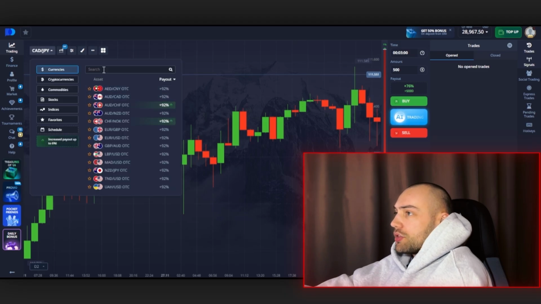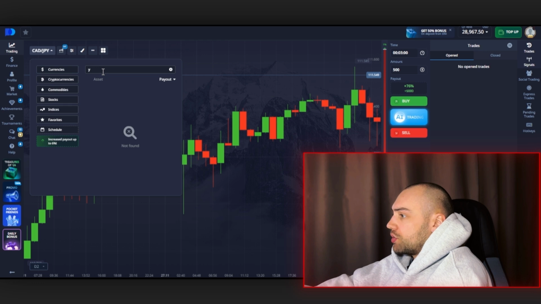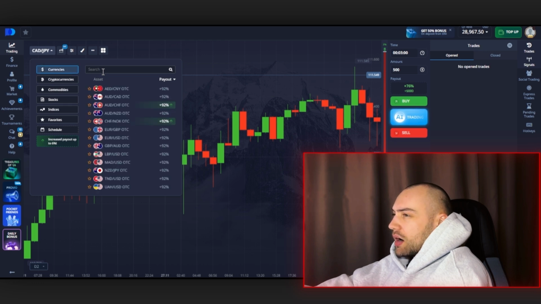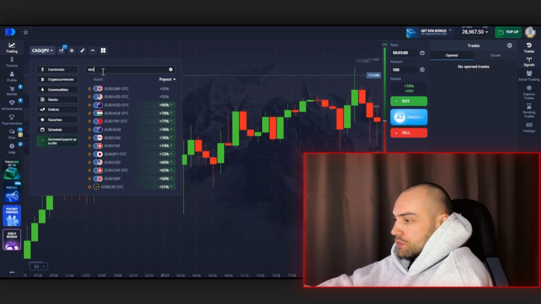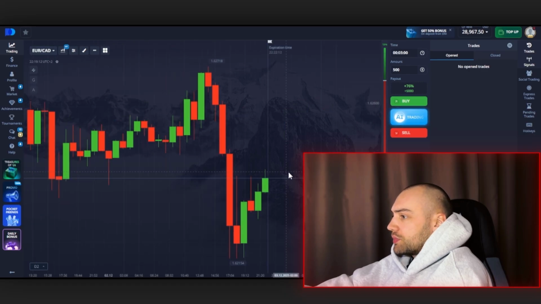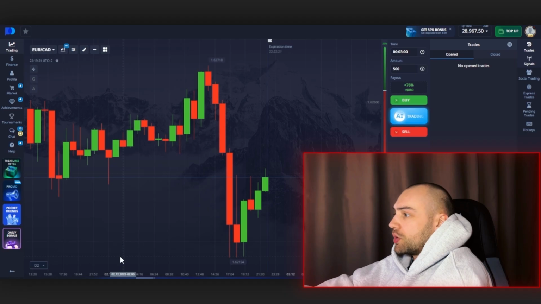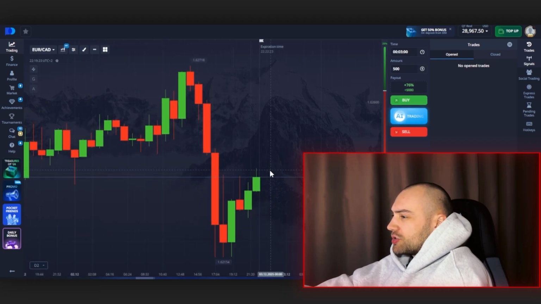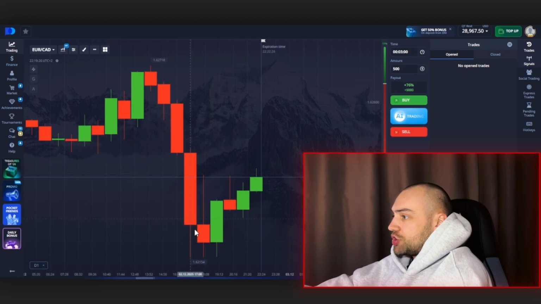Now I'll just pick another currency pair. I'll even show you on an example. Let's take Euro Canadian dollar. Following the breakout strategy, what do we see? There was a downward breakout, right? A sharp candle.